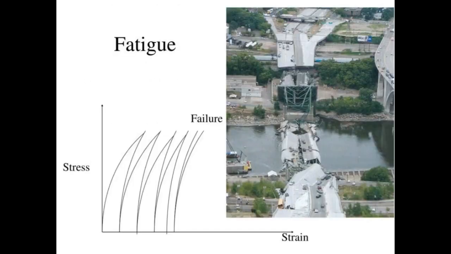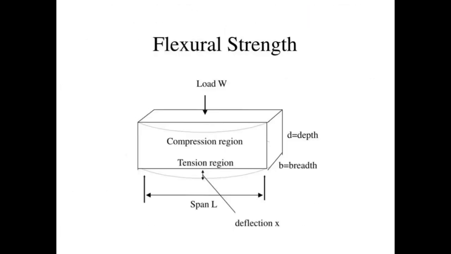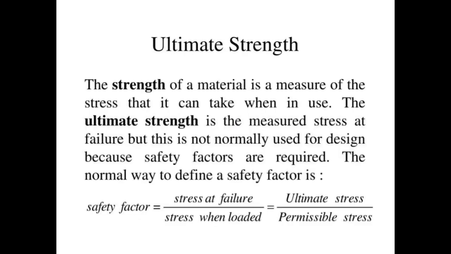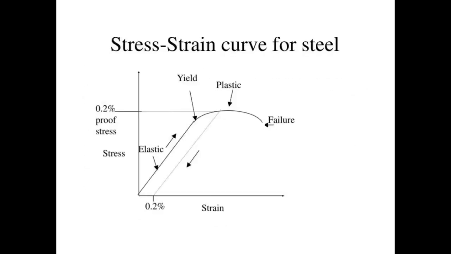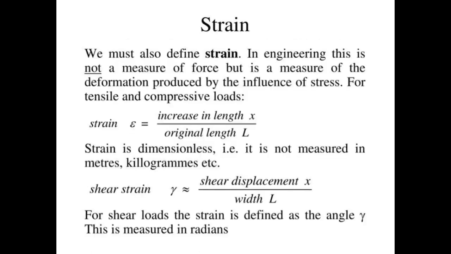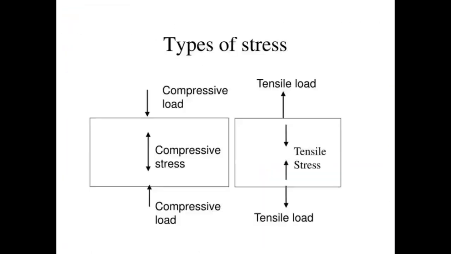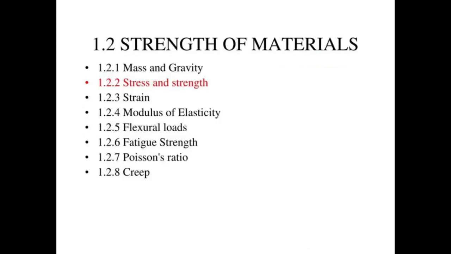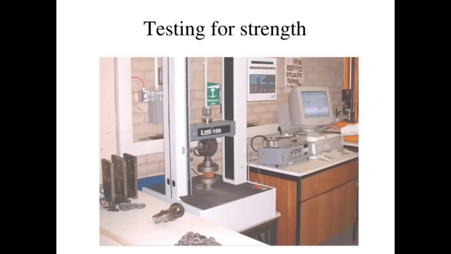From the overview of these topics, now we have to conclude: what is stress, what is strain, modulus of elasticity, what is gravity, what is flexural load and what happens to a body when flexural load is applied, what is Poisson's ratio, and finally creep.